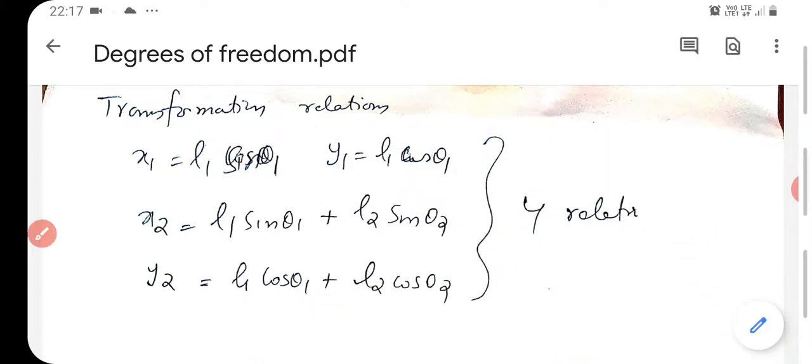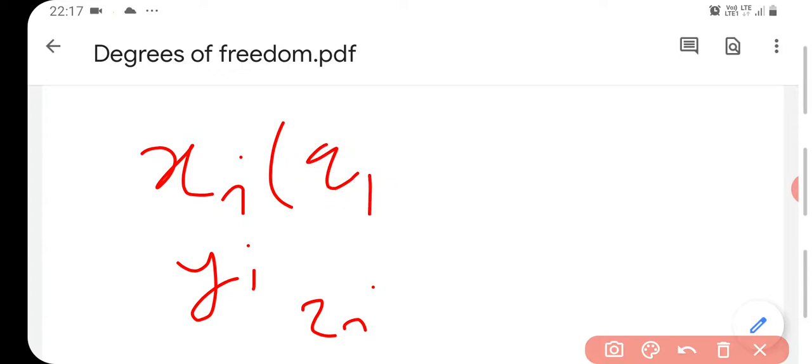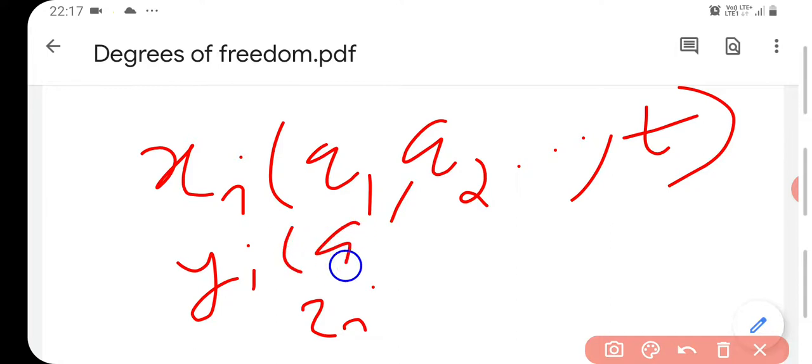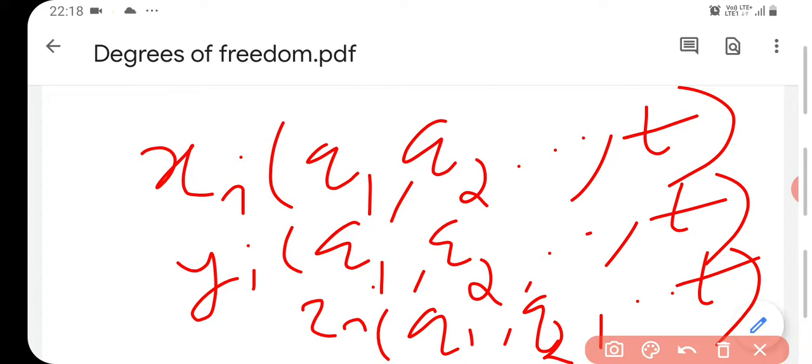Generally we can write xi, yi, zi as functions of q1, q2, and t. Okay, xi, yi, zi can be written as functions of the generalized coordinates.